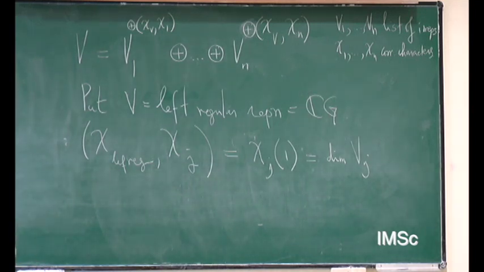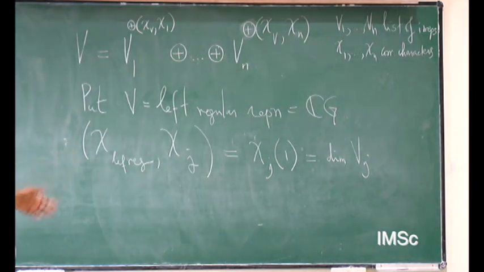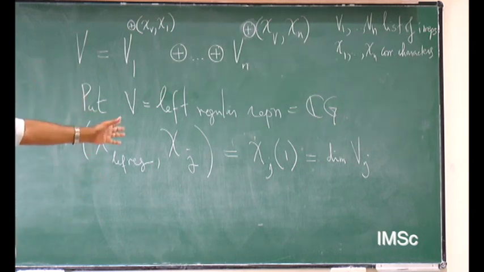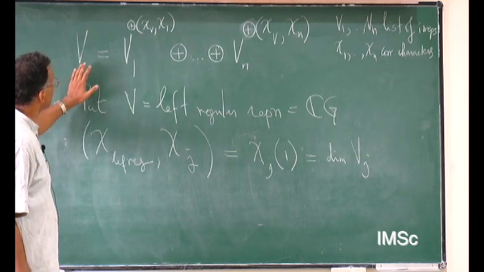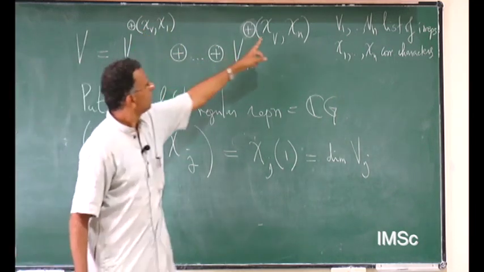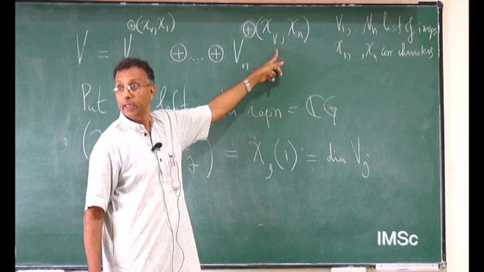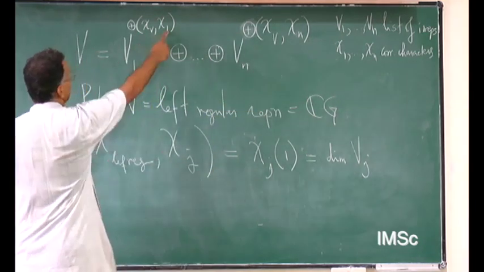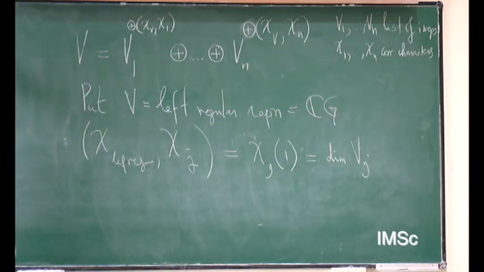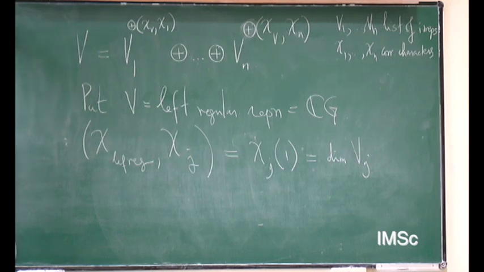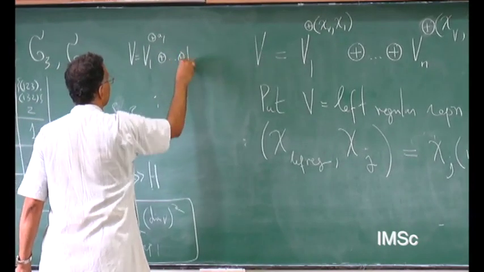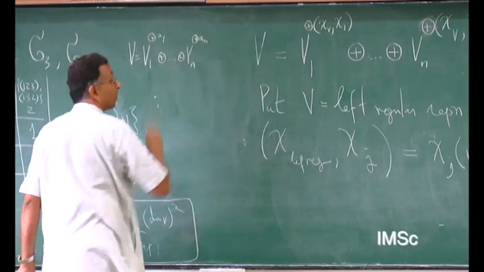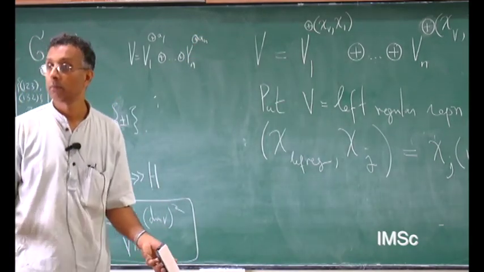I invite you to think of the proofs as we are writing this, right? How did we write this? Well, you can write an A1 here, An here. So how do we get this? You will write V equal to V1 to the A1 direct sum up to Vn to the An by complete reducibility, right?